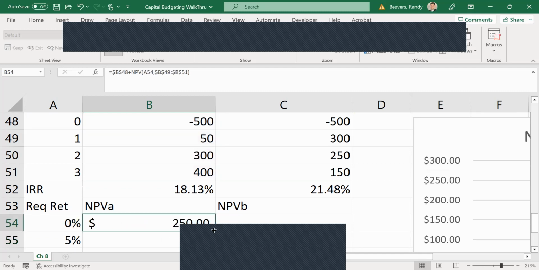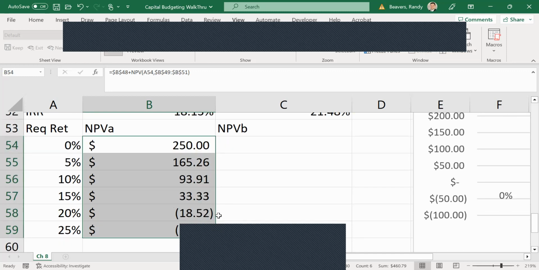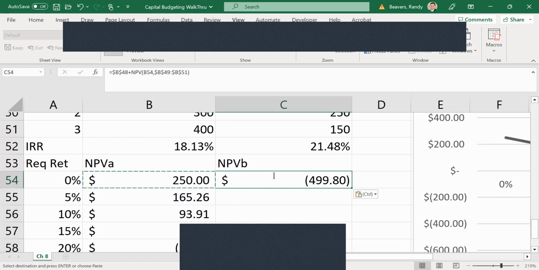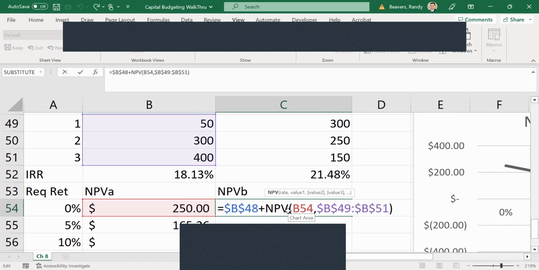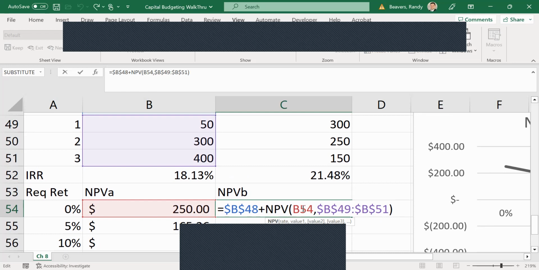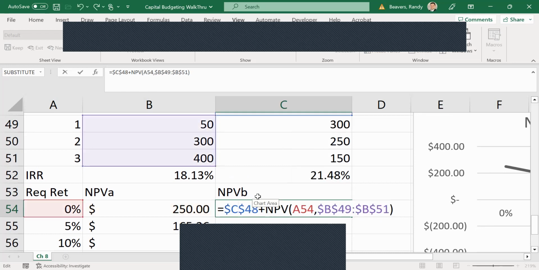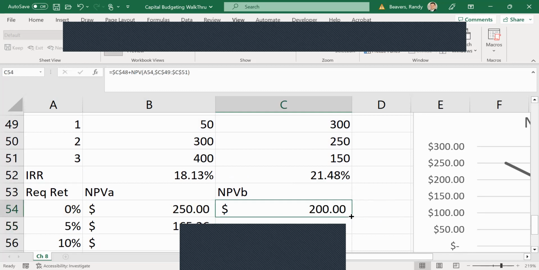You can anchor using function F4 or just F4. So there's A. If I copy this formula over into B, I will need to edit it some because for this one, the rate should still be in A54. And then now we're using the C column. So now I can drag that down.